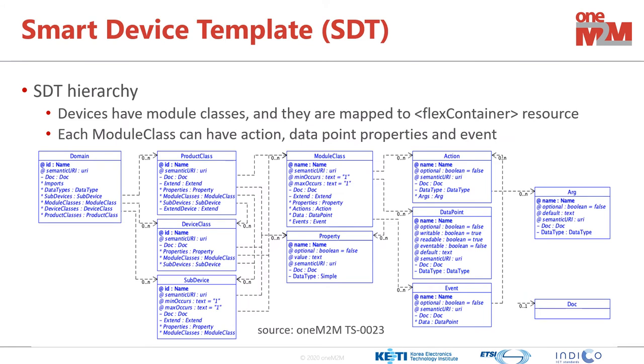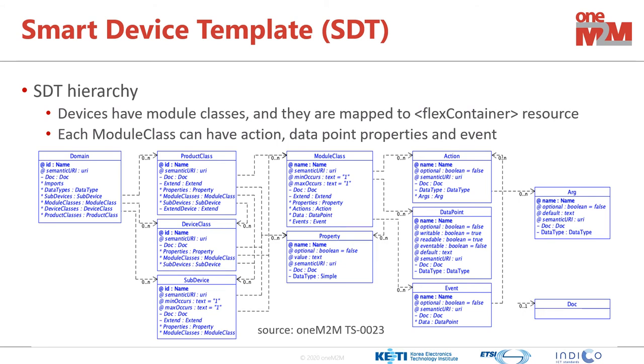This is the kind of diagram from TS23, and domain, for example, the home domain or the other domains. In this section, what we really care about is the device and then the module classes. In module classes, we have data point, action, and event, which constitute the functional module.